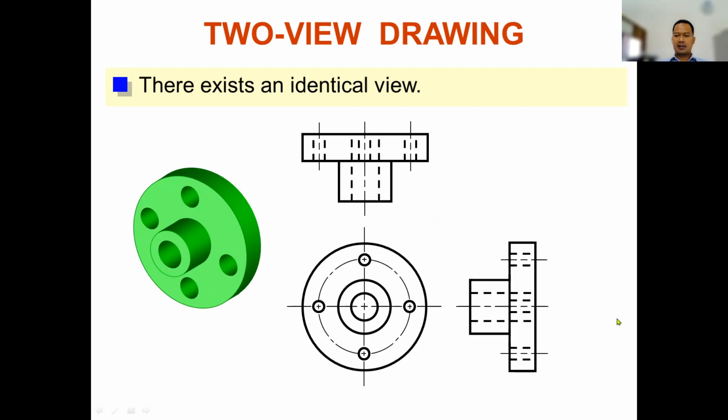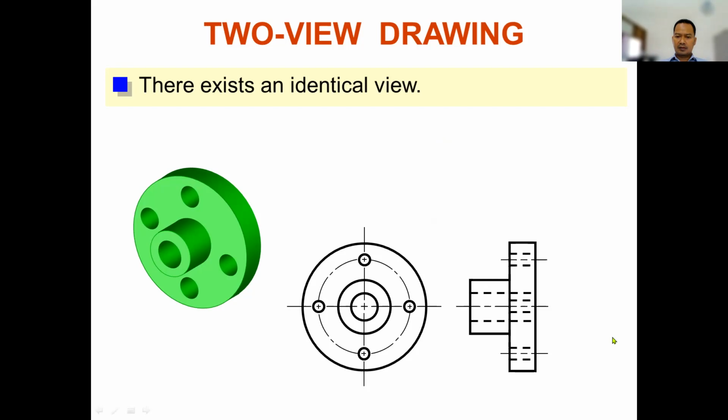This is the same object, so it only repeats the projection view. So for this, you only need 2 views, top view and right view.